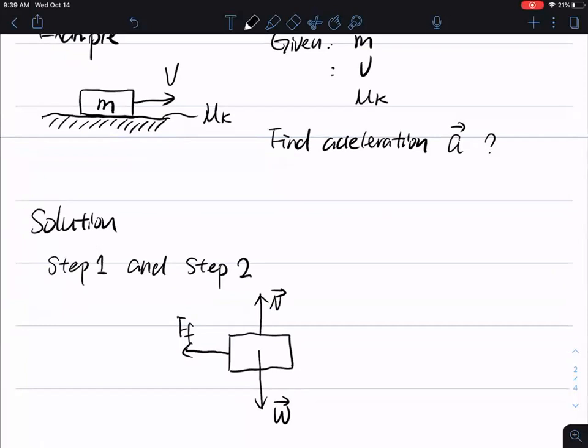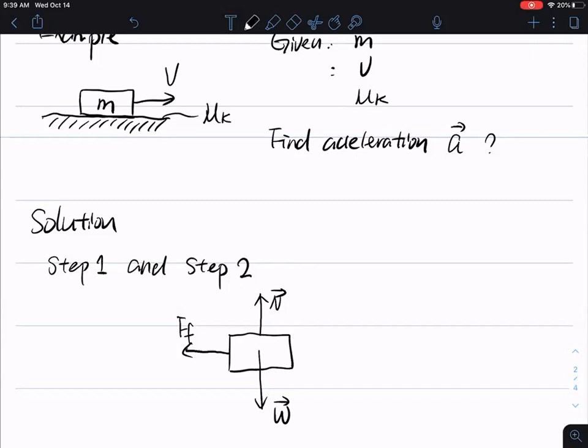Okay, Sean, what's another force you have? You said 4 forces. What's the other one? Velocity. It's the velocity force. If it is not a force, it shouldn't be on your free body diagram. Make a note here: you should only put forces in your free body diagram. No other things.